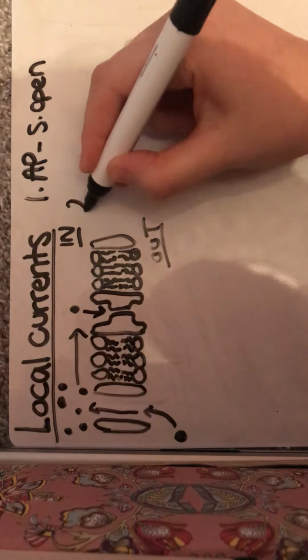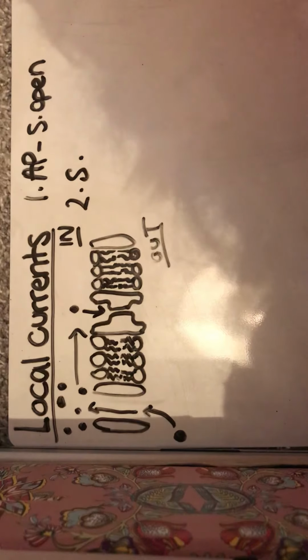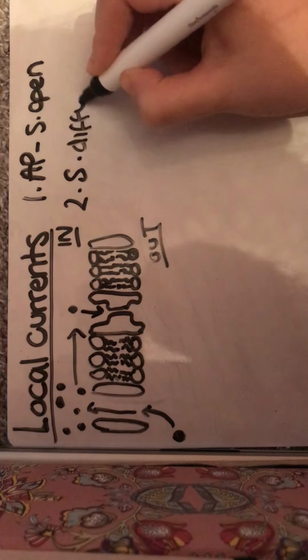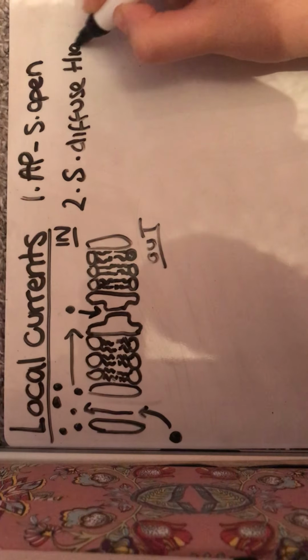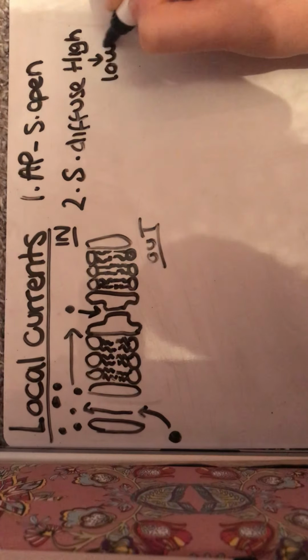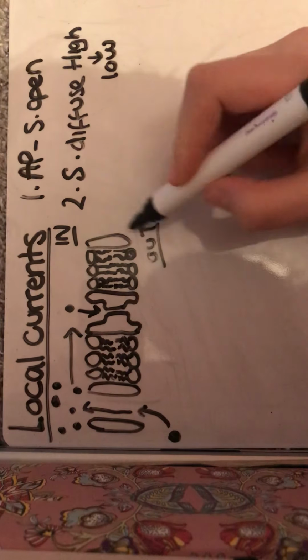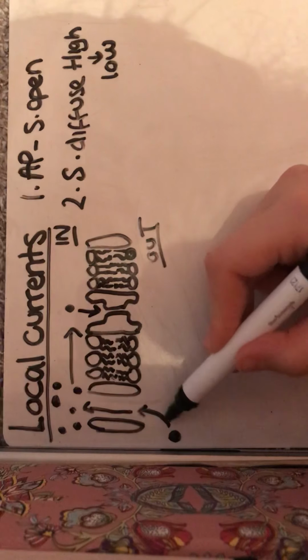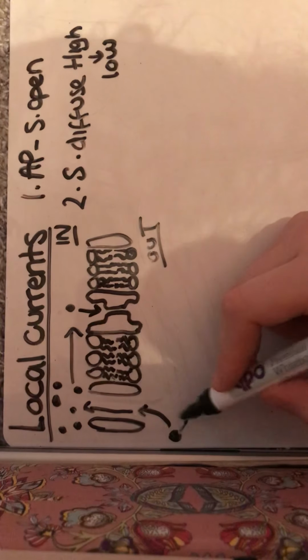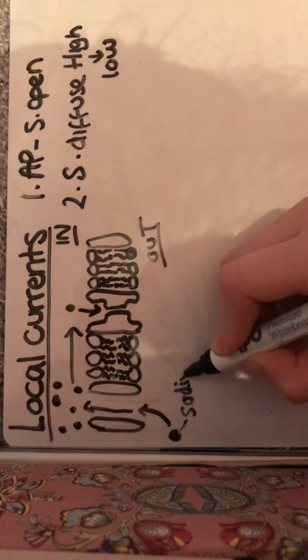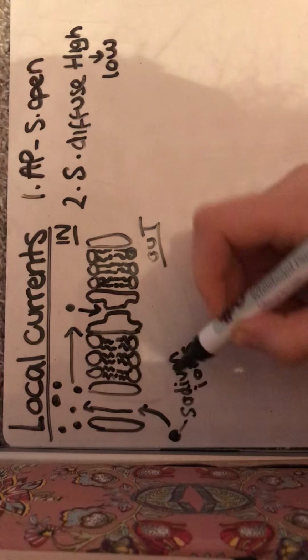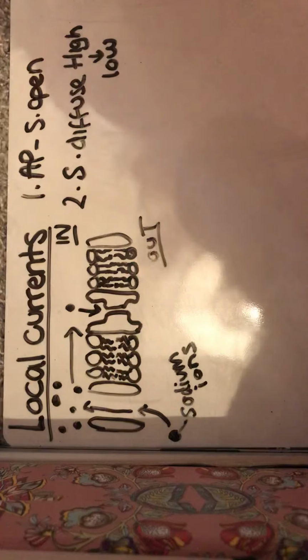So sodium ions will diffuse across the membrane from a high concentration to low, which would be from the outside to the inside, which is why we can see here these dots that I've drawn, they are sodium ions. They're going to diffuse from a higher to lower concentration.